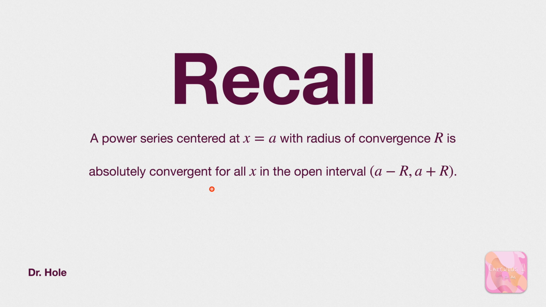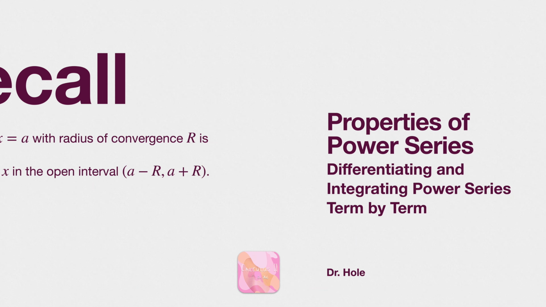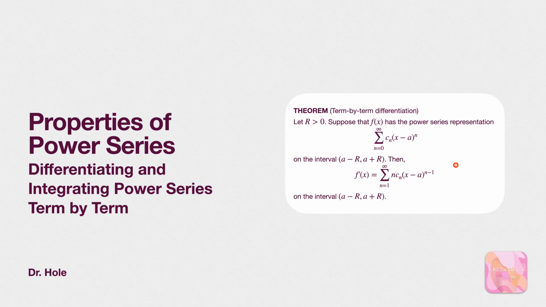In our producing of it, we get absolute convergence on this open interval, which means that rearrangements are no problem whatsoever. And if rearrangements aren't any difficulty at all, then throwing a derivative on the entire expression will be the same thing as throwing a derivative on each of the summands and then bringing everything back together.